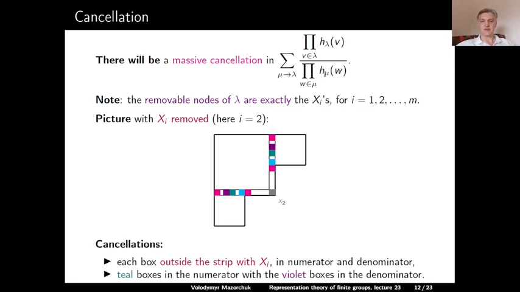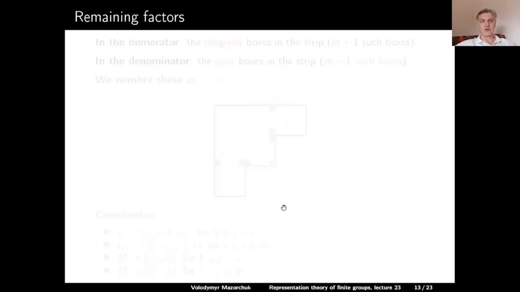So the main question is what remains? The only boxes which do not cancel in any obvious way in the numerator and the denominator are the magenta boxes for the numerator and the cyan boxes for the denominator, as given in this picture. So in the numerator, we have the magenta boxes.